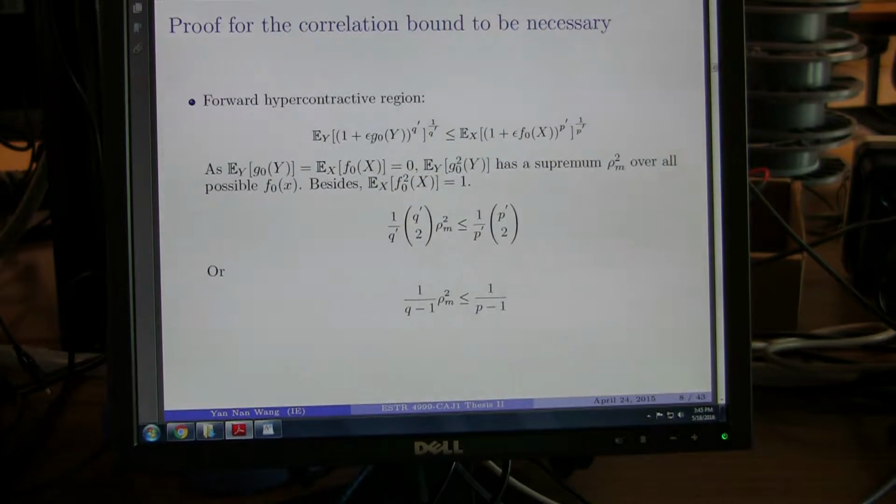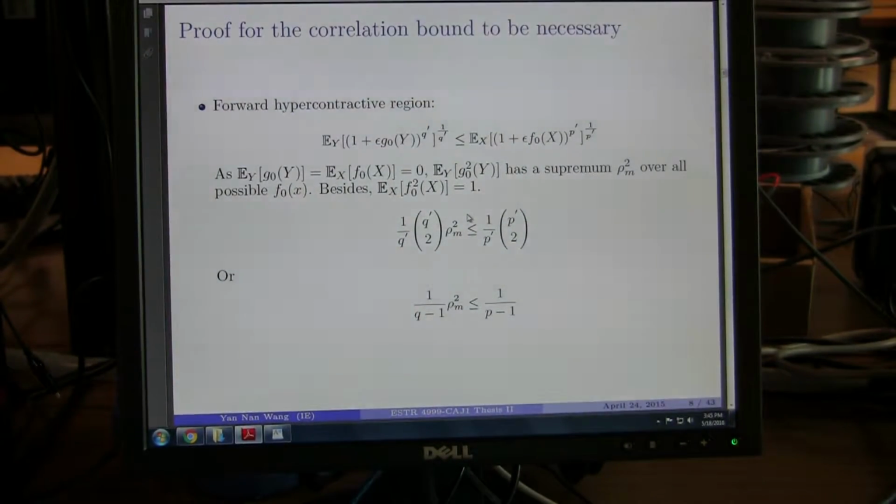So by Taylor expansion, we could have this expression where ρm squared is the expectation of g0 squared (y). And by some simplification, we could see this inequality will be reduced to the correlation bound. So here we have finished the proof for the correlation bound to be necessary in the forward hypercontractive region.